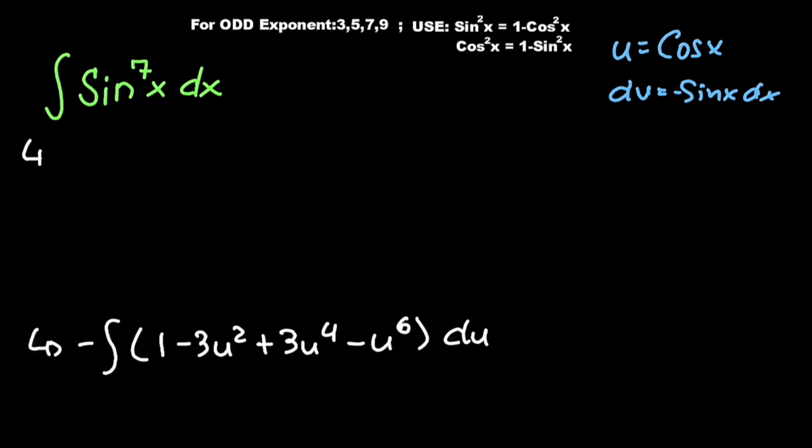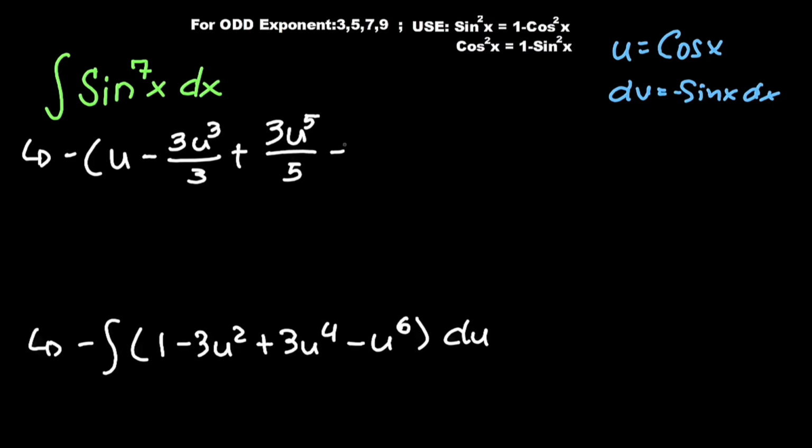And so integrating this, we would have u minus, integral of 3u squared would be 3u to the power of 3 over 3, plus integral of 3u to the power of 4 would be 3u to the power of 5 over 5. And the integral of u to the power of 6 would be u to the power of 7 over 7 plus c.